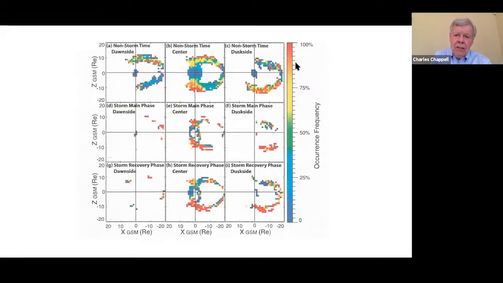And over here is the occurrence frequency, and you see that red is 100%, yellow 75%, and on down. But in the center of the tail, there's very high probability that you're going to see polar cusp outflowing particles in the lobes of the tail. Those are the strange wave particles, and they come out of the night side auroral zone as well.